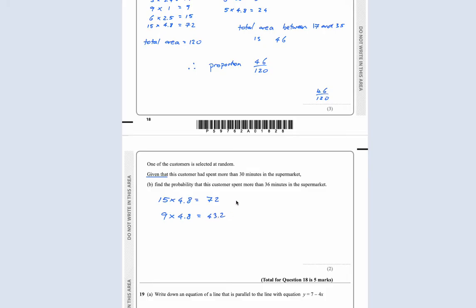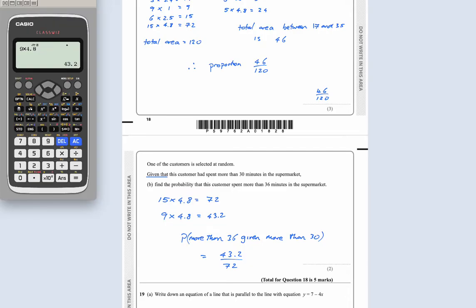Therefore, the probability that he spent more than 36 minutes, given more than 30, is equal to this over this, 43.2 over 72, which is actually 3 over 5.